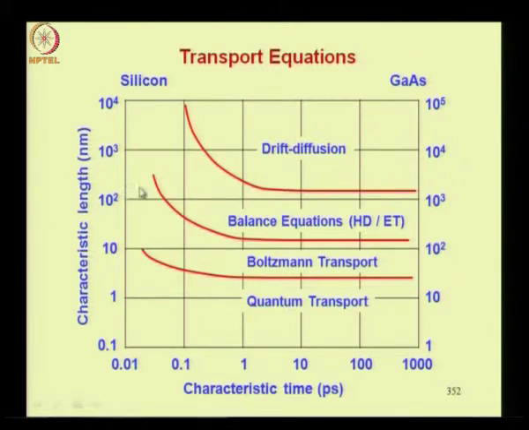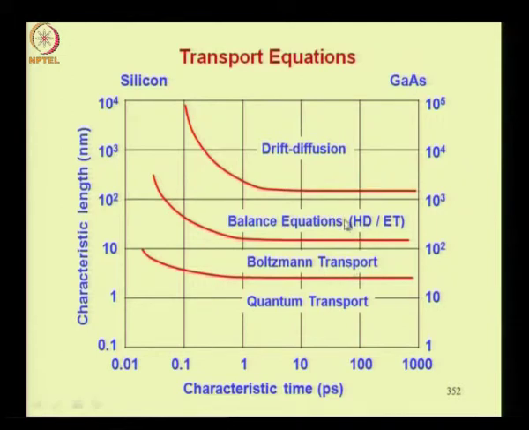So at this length scales the electric field can be large, and therefore no matter what your signal frequency is, in fact even under steady state conditions one will have to move from drift diffusion to balance equations formulation, because under such high fields you can have effects such as velocity saturation and velocity overshoot. So to model those effects one will have to use energy balance.